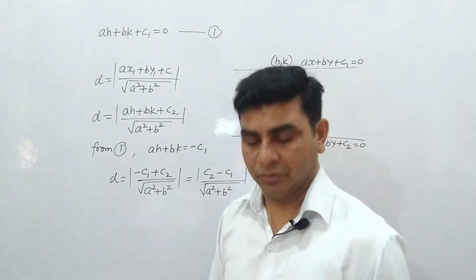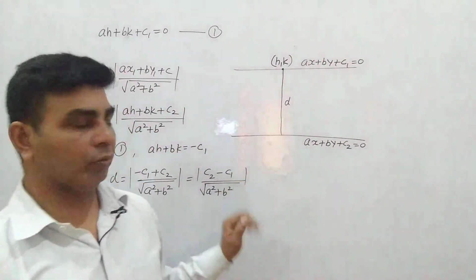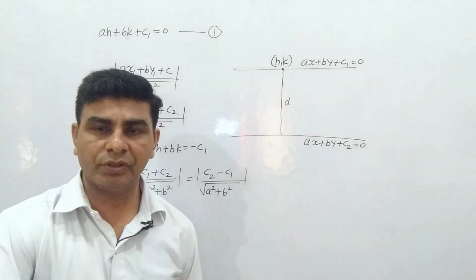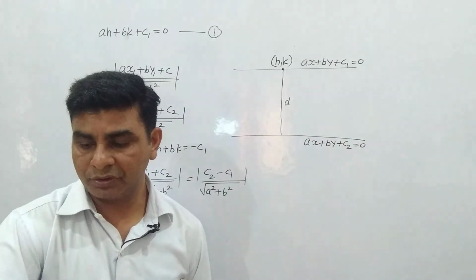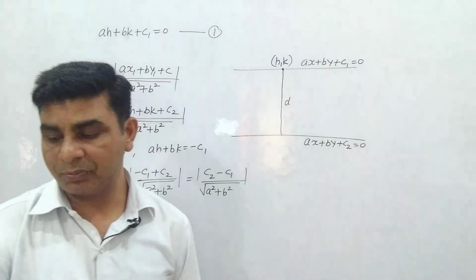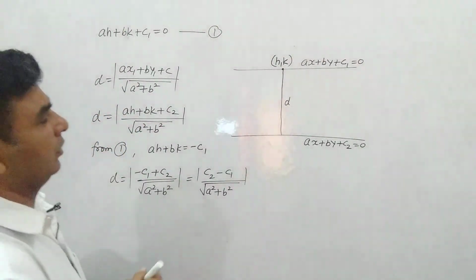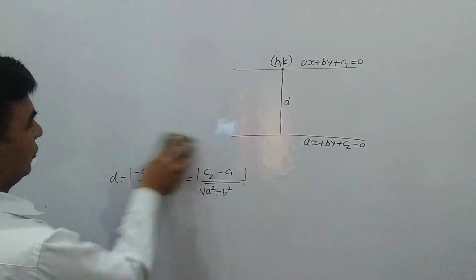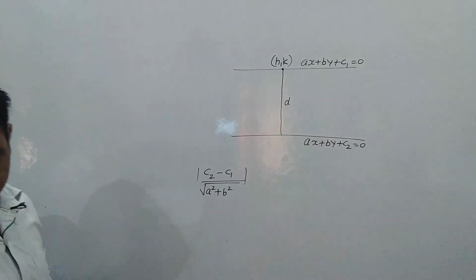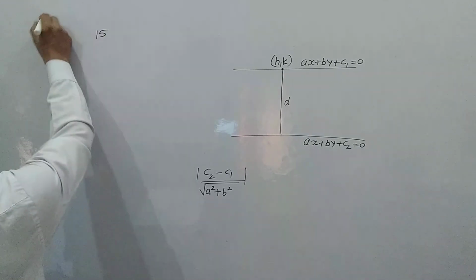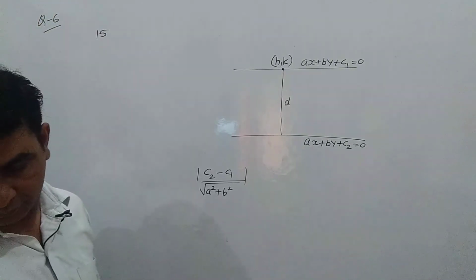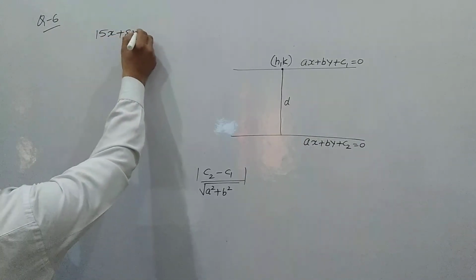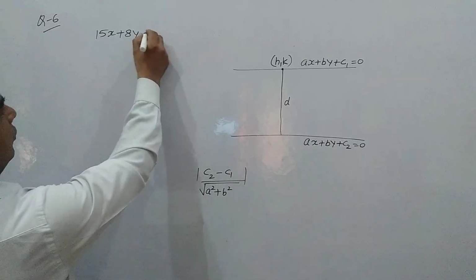So let's do a question based on this formula, and this is question number 6. Question number 5, my dear students, is your homework. We can do question number 6 here. We want to find the distance between the parallel lines. The equations of the lines are given to you, which is 15x plus 8y minus 34 is equal to 0.